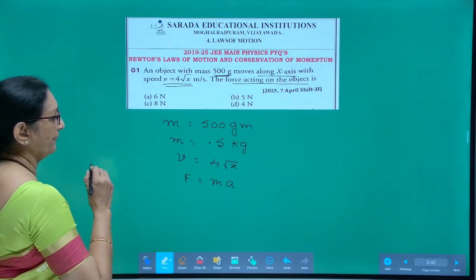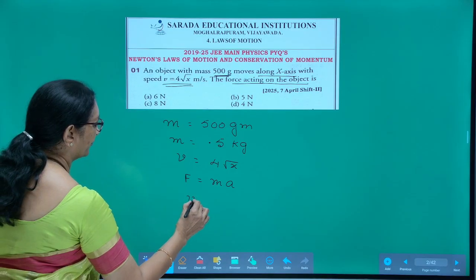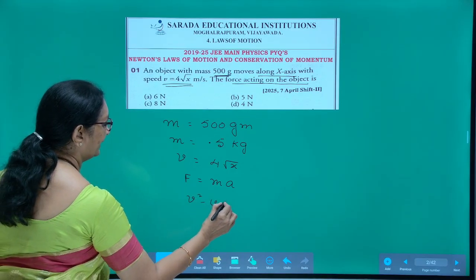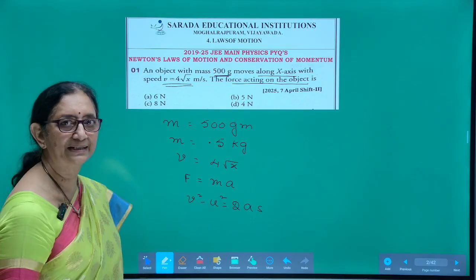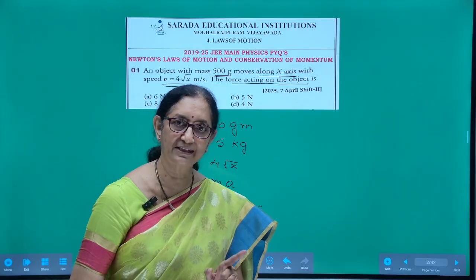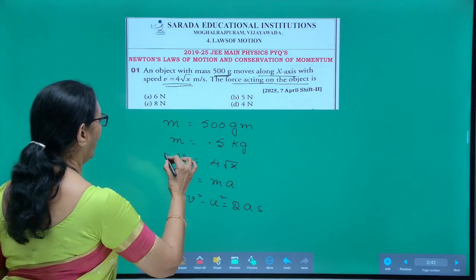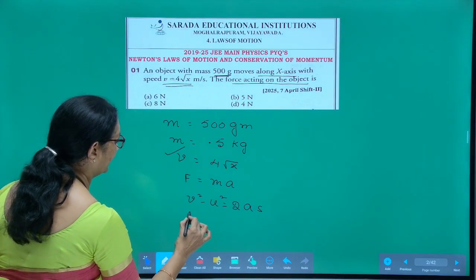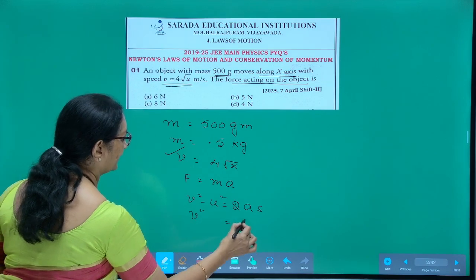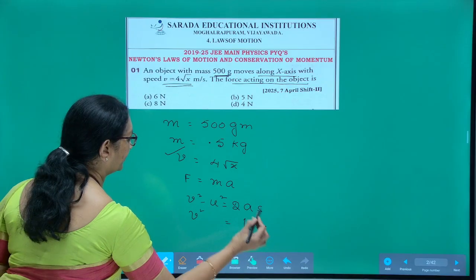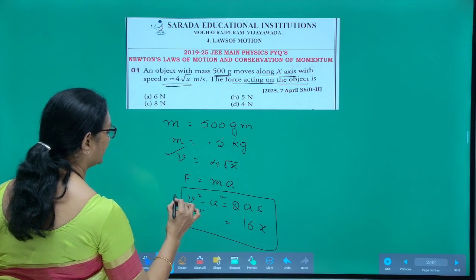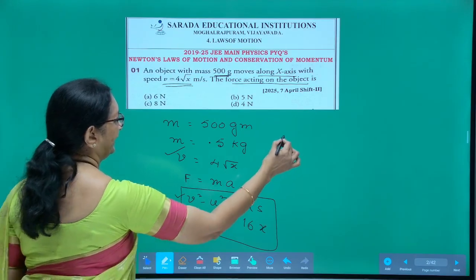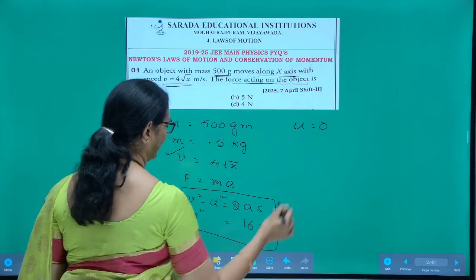See, if you remember equations of motion, v square minus u square is equal to 2as when acceleration is uniform. So, on squaring this equation, v square is equal to 16 into x. If you compare this equation with this equation, initial velocity will be 0.